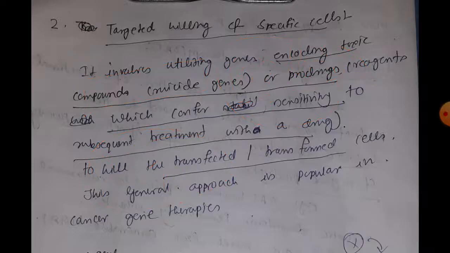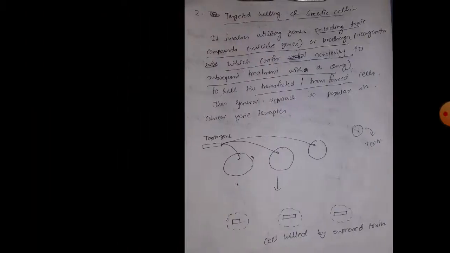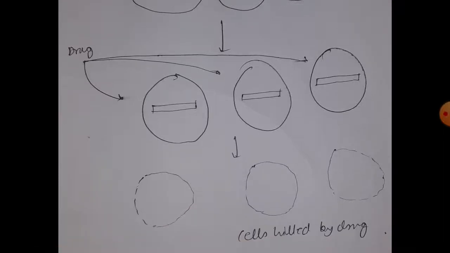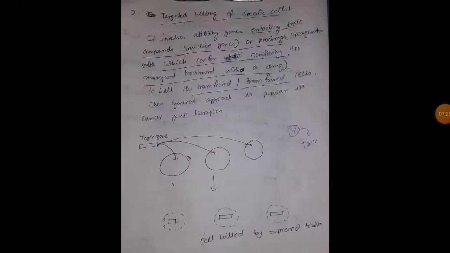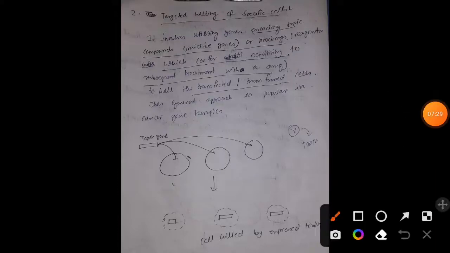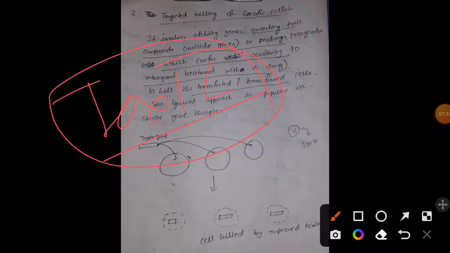So that is how we can also ensure the destruction of the cell. In this second method we are destroying the cell by using two procedures: in one we use toxic compounds, and in another we use prodrugs that along with a drug cause destruction of the cell.